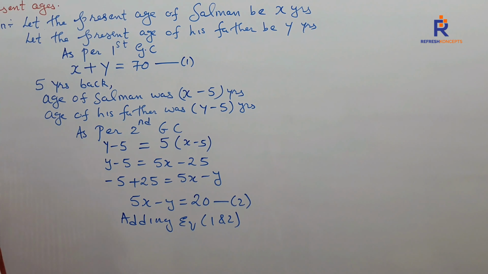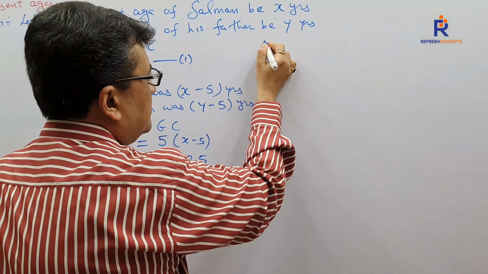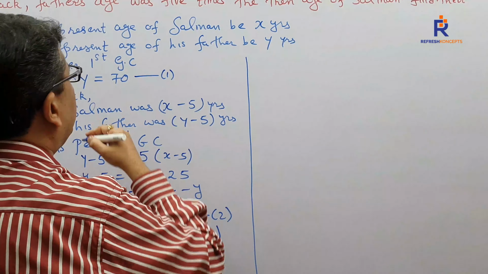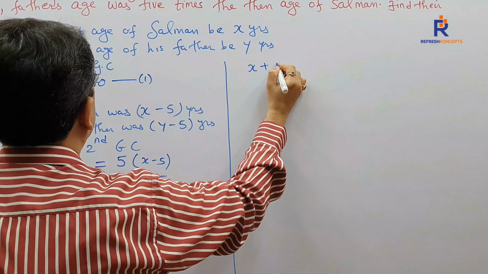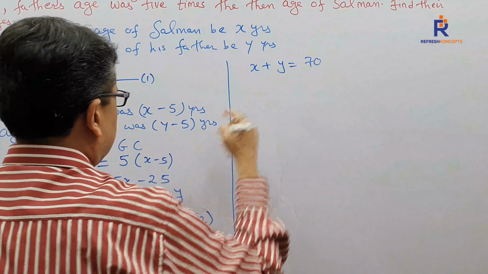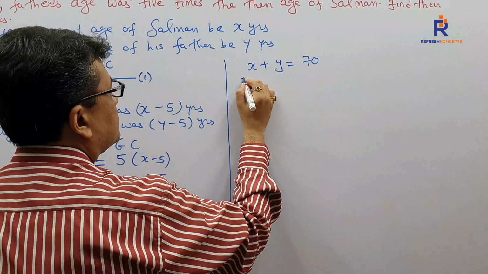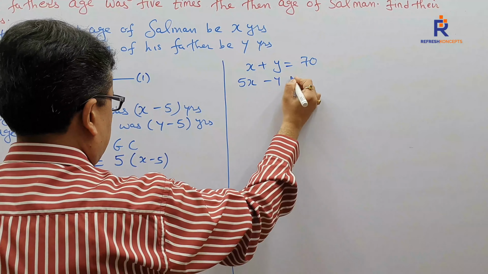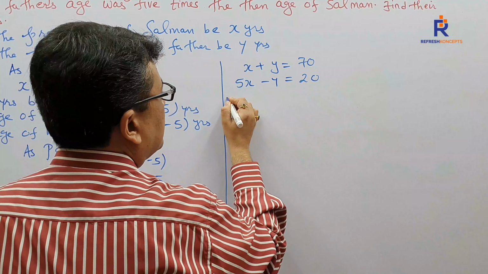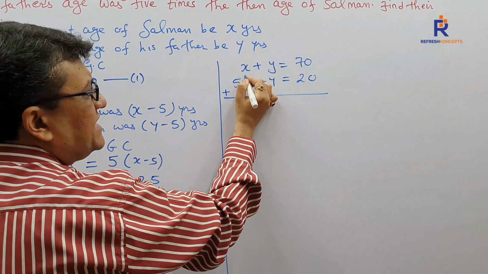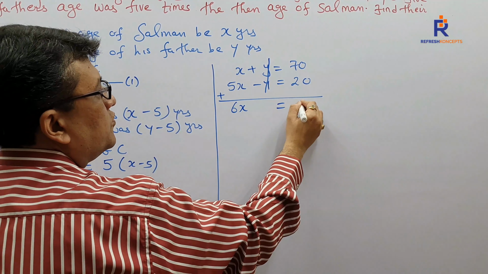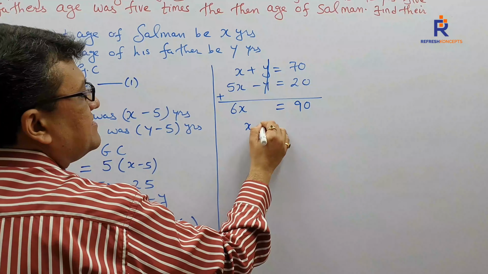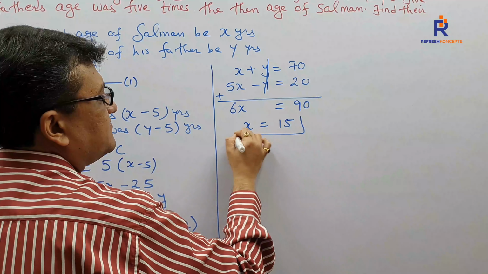When I add equation 1 and 2, let me frame it here so it becomes easy for you. X plus y is equals to 70. Here 5x minus y is equals to 20. We simply go for adding. X plus 5x, 6x, plus y minus y gets cancelled off. We are left with 90. X is 90 by 6. X is 15.